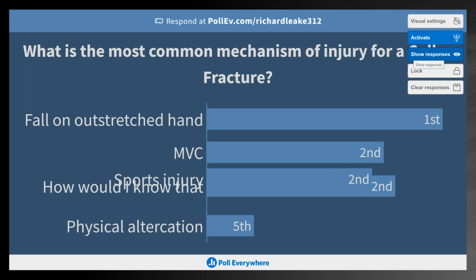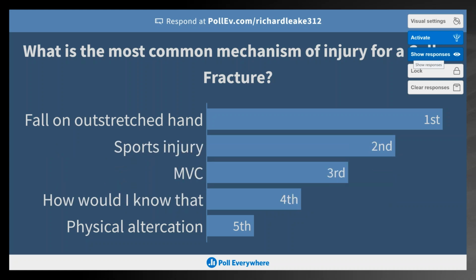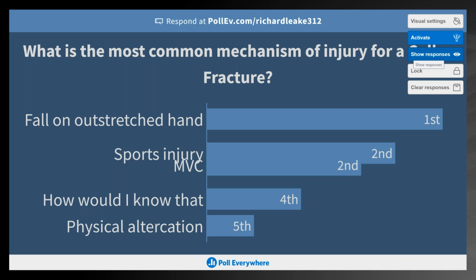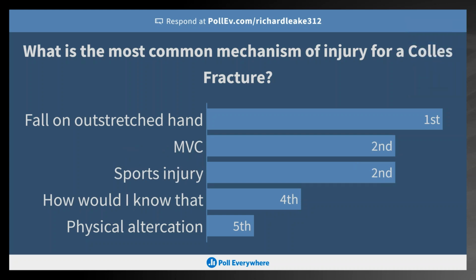All right, so the correct answer is a fall on an outstretched hand, which could happen in a sports injury, but really we talk about it as a FOOSH, F-O-O-S-H. So a fall on an outstretched hand is the most common mechanism of injury for a Colles fracture.